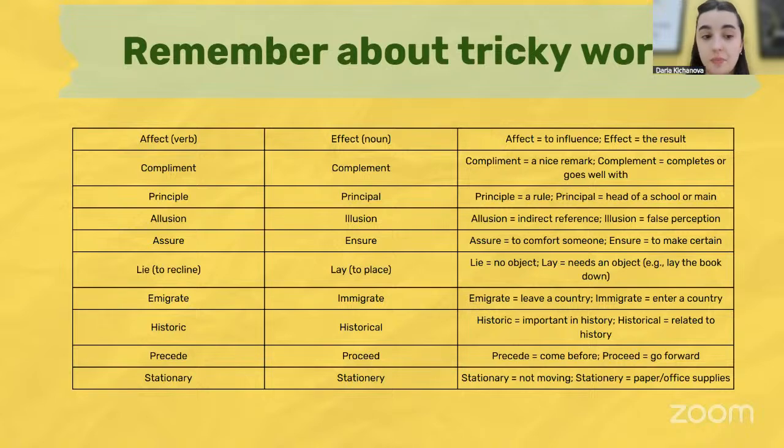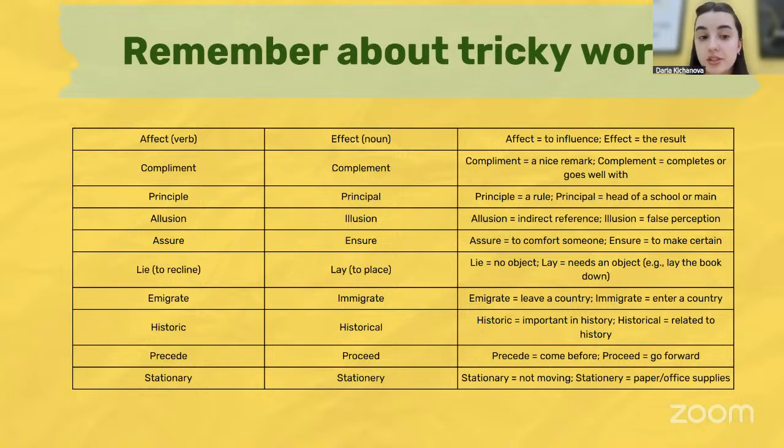The next pair of words is compliment and complement. If we use the word with the letter I, it means a nice remark. But if we use it with the letter E, it means that it completes or goes well with something. So it adds, it can make something better, for example, or it goes well in pair with something.